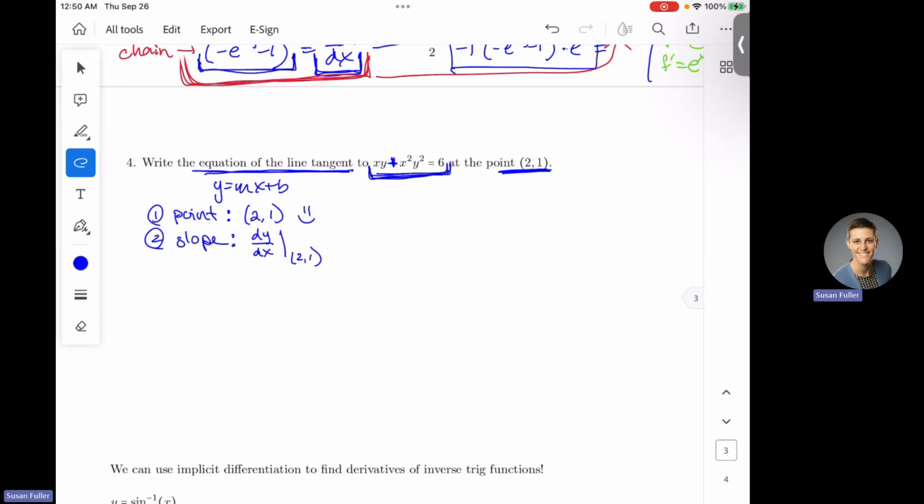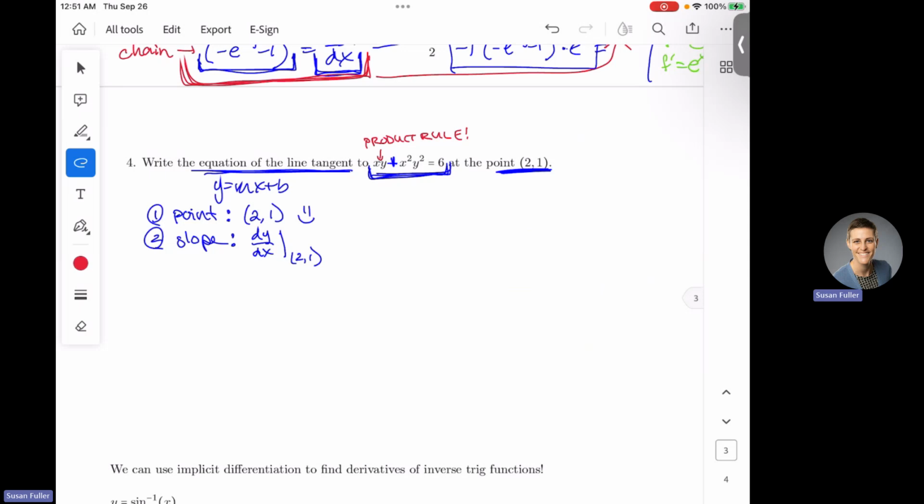So to do the derivative of x times y, that's a variable times a variable. That's a product rule. Anytime you have a variable times a variable, that's a product rule.